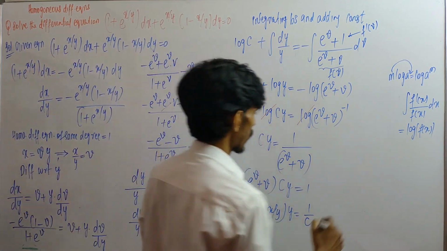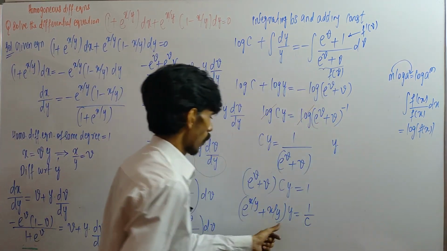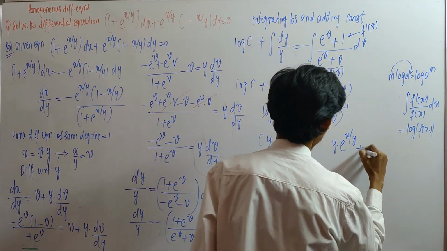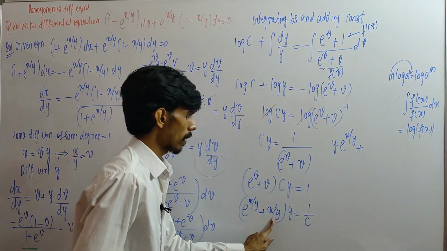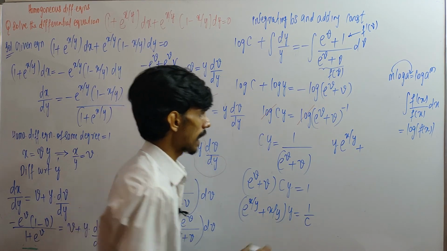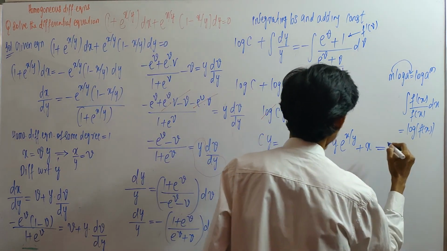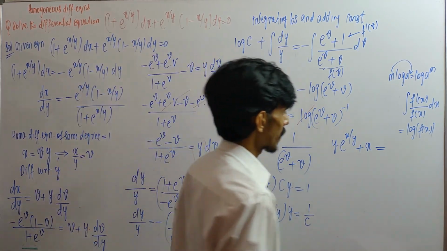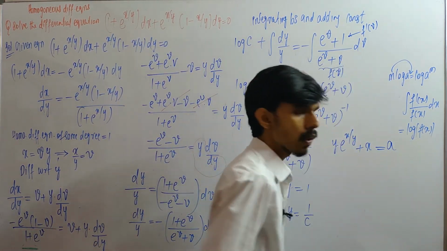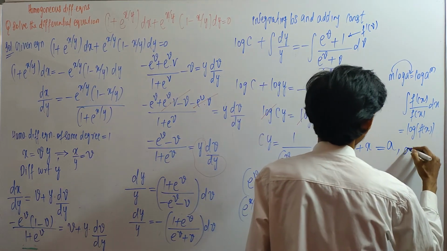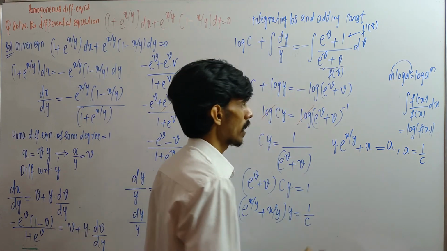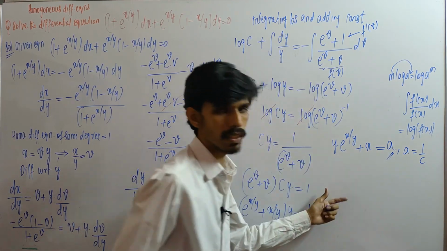So finally the answer is y into e power of x by y plus x, here if I multiply, y and this y will get cancelled, is equal to 1 by c, which is a constant. So let us take it as some other constant a, where a value is 1 by c. This is the solution for this question.